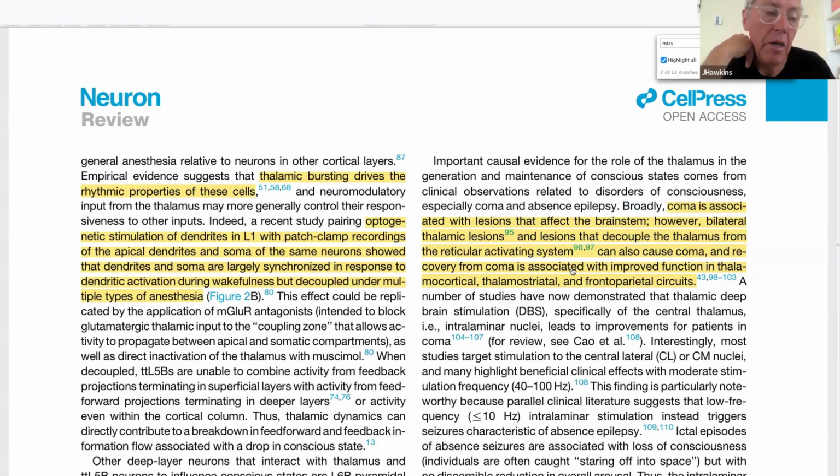And recovery from coma is associated with improved function in thalamocortical circuits. Right, but my point is, if you were to somehow disable all the relay cells, then basically the brain would be disconnected from anything, and nothing is going to work. As far as I could tell, they didn't specifically identify that it's just the matrix cells.